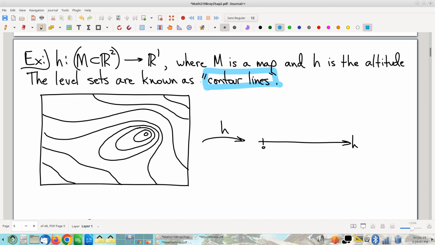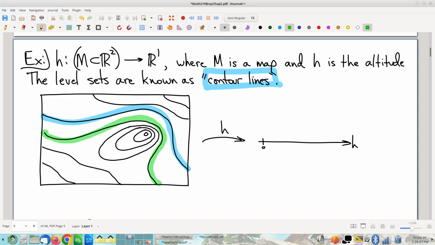It's what you get when you set altitude equal to one constant at a time. So this maybe represents where altitude is, let's say, 300. And then this maybe is where altitude is equal to 400.